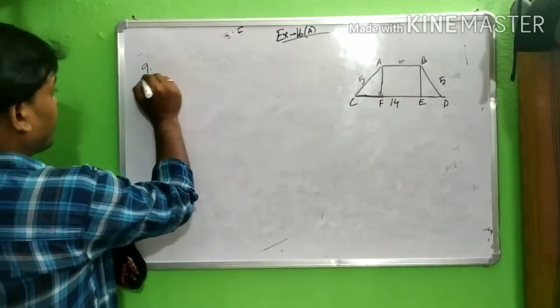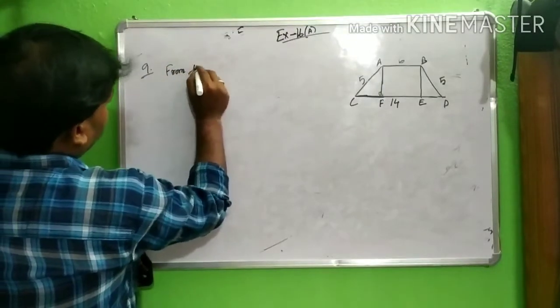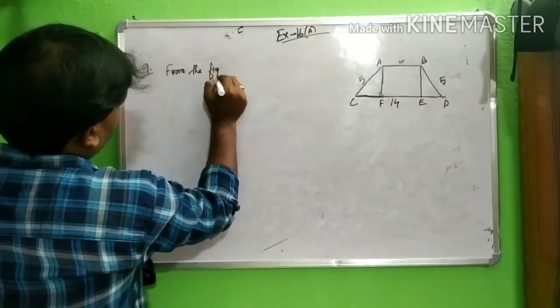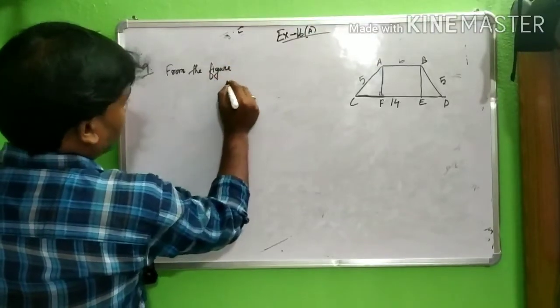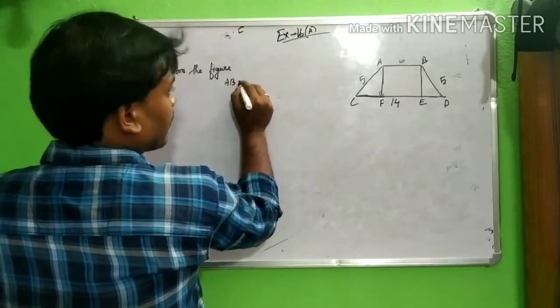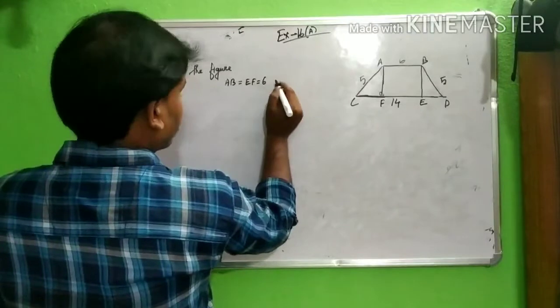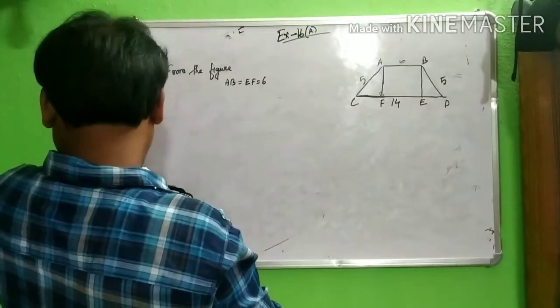From the figure, AB equal to EF equal to 6 centimeter.